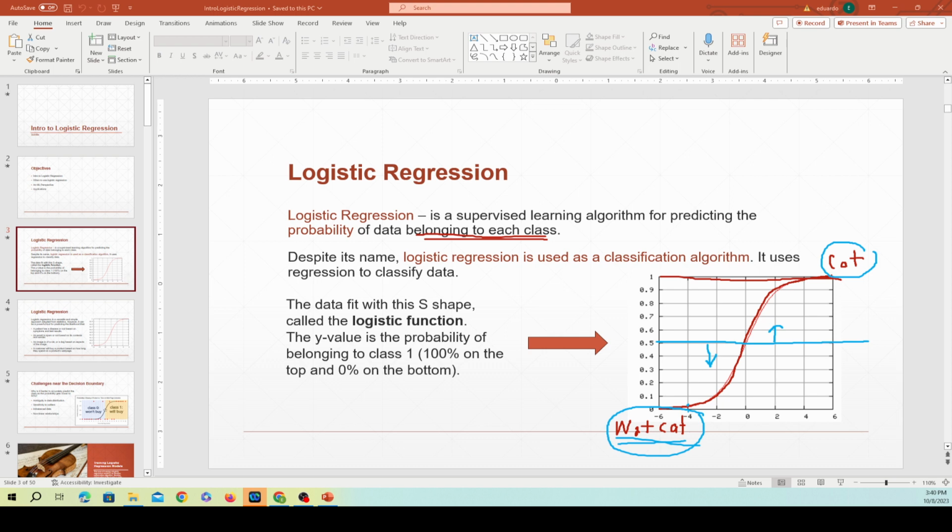So, for example, here at -2, if your value is -2, the probability that it is a cat is going to be 0.1. So that means the probability of it being a cat is very close to zero, and being not a cat is about 90%. So we use the probability to determine the chances of one classification versus the other.